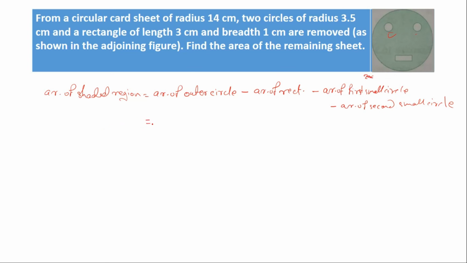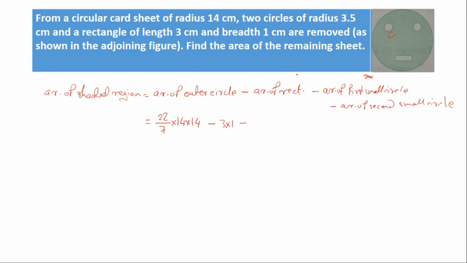So it will be area of outer circle. We know the area of circle is pi r square, 22 by 7 into the radius we will take 14, so we have to write 14 into 14 minus area of rectangle is length into breadth. I have told you in the first video. So length is given 3, breadth is given 1, so it will be 3 into 1 minus area of first small circle.